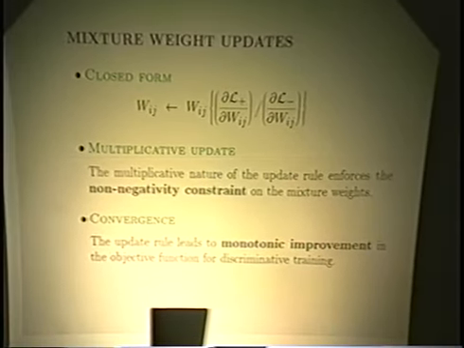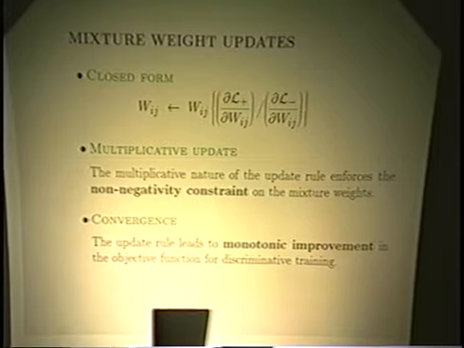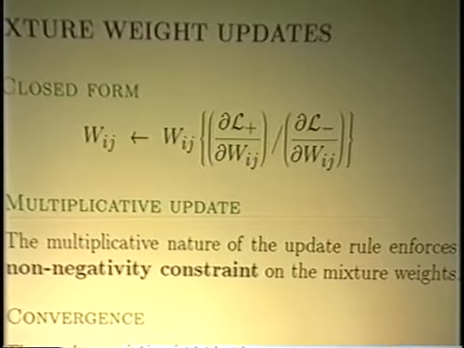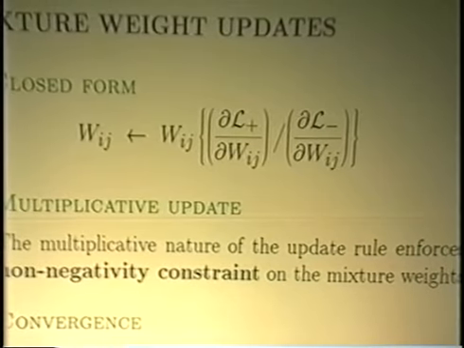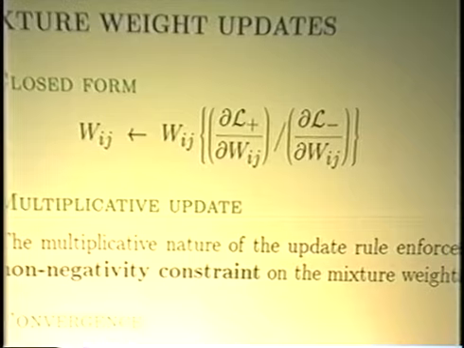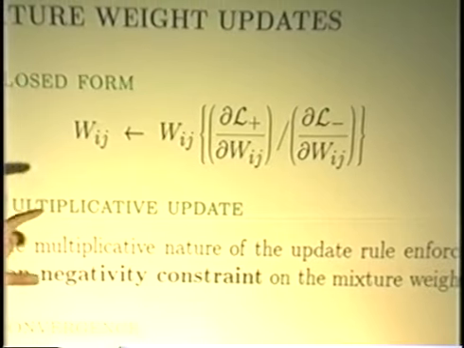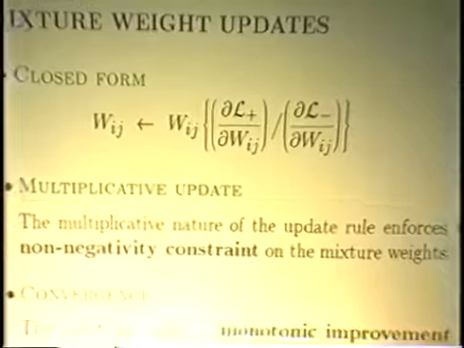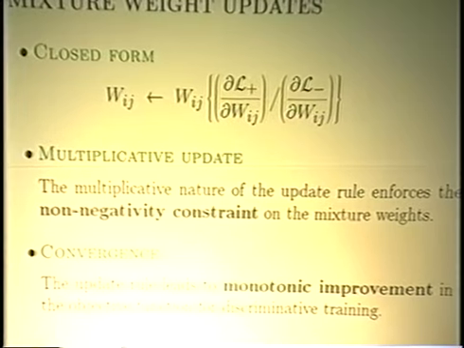You have this cost function that's a difference of two terms. Basically, take the derivative of each term with respect to the mixture weight matrix, and it's very easy to verify that each of these derivatives is always non-negative. So both the numerator and the denominator here are non-negative. Take that ratio, multiply by your current value of the weight matrix, use that to reset the mixture weight matrix, and do this all in parallel.